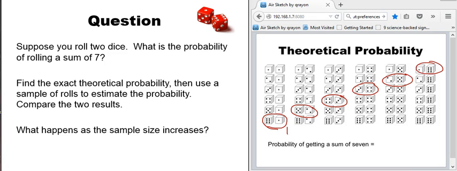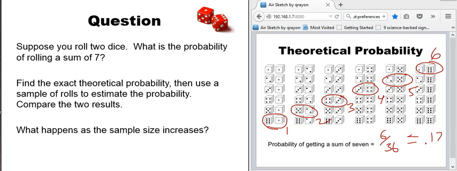Overall, there are 1, 2, 3, 4, 5, 6 possibilities. So basically, the theoretical probability would be 6 possibilities out of 36, which is roughly 0.17. Okay, so we have our theoretical probability.